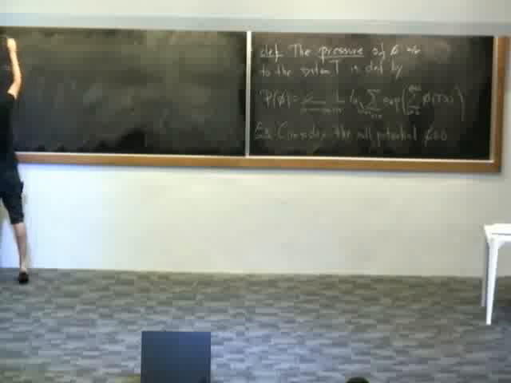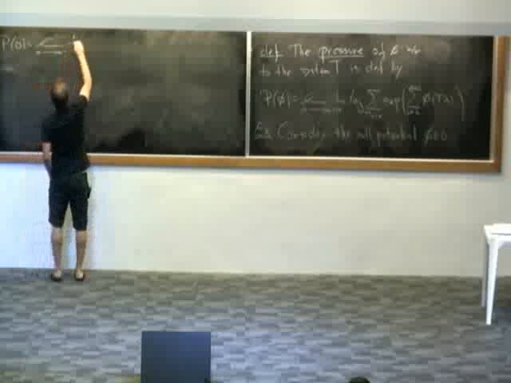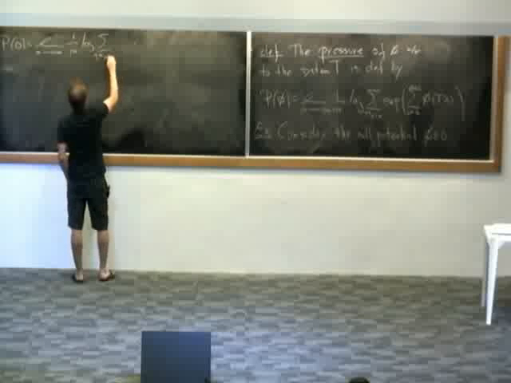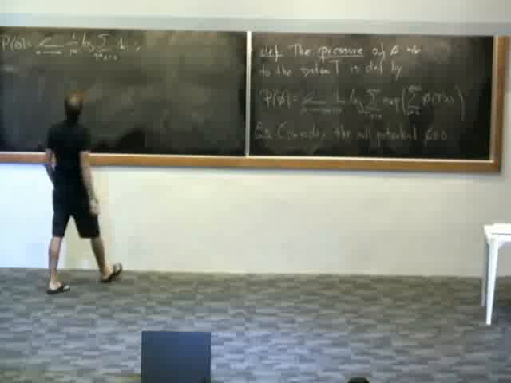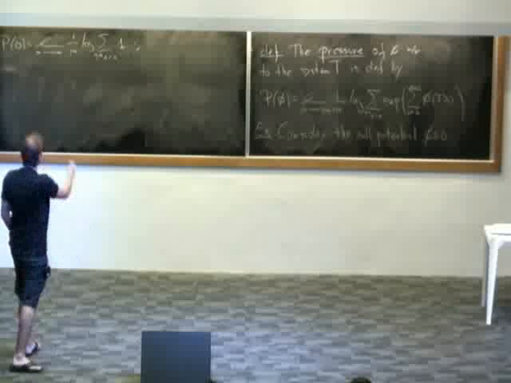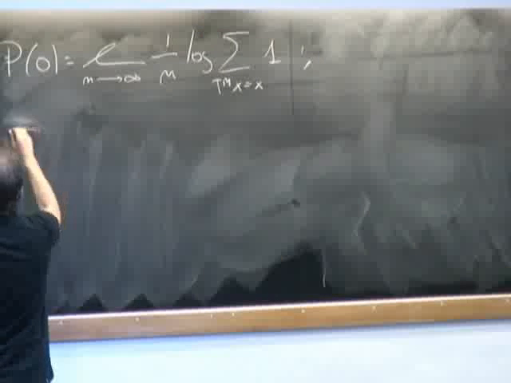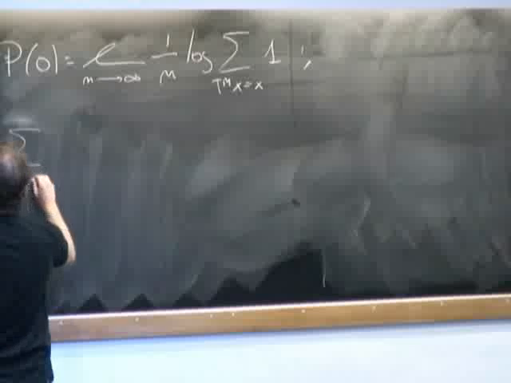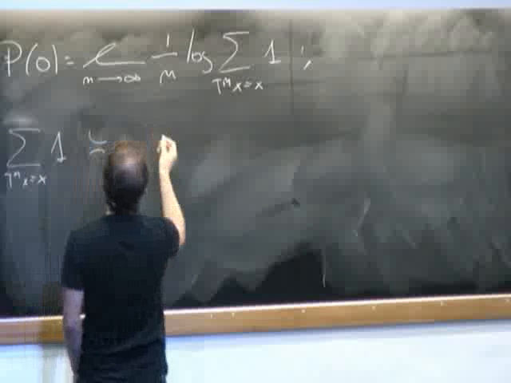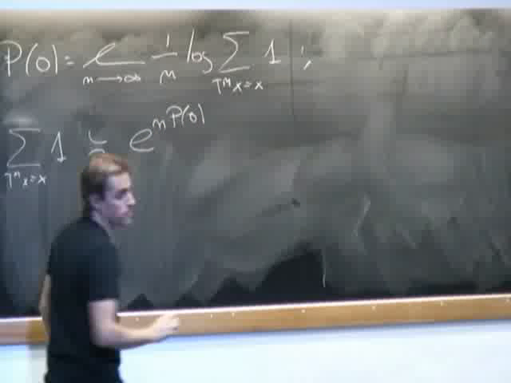The pressure of 0 in that setting becomes the following. Okay? So basically what you're counting here is the exponential growth of periodic orbits. So if you want to put it in a loose way, you count the number of periodic orbits, and this grows more or less like e to the n times P of 0.